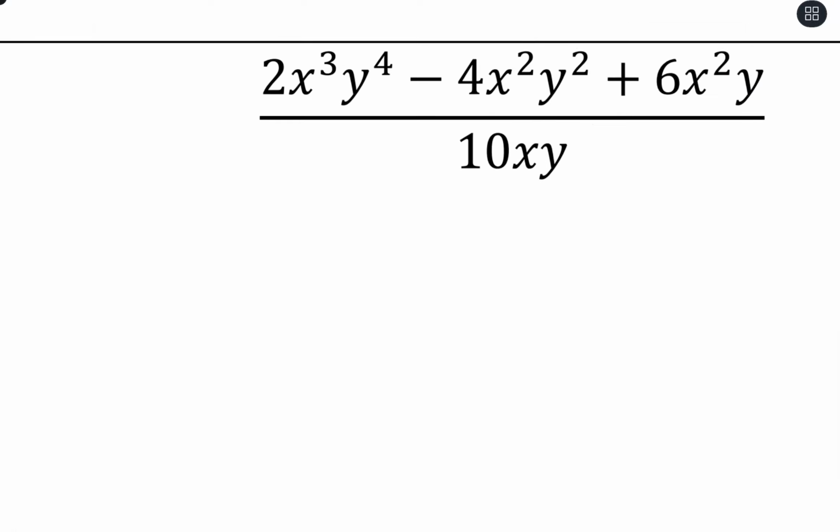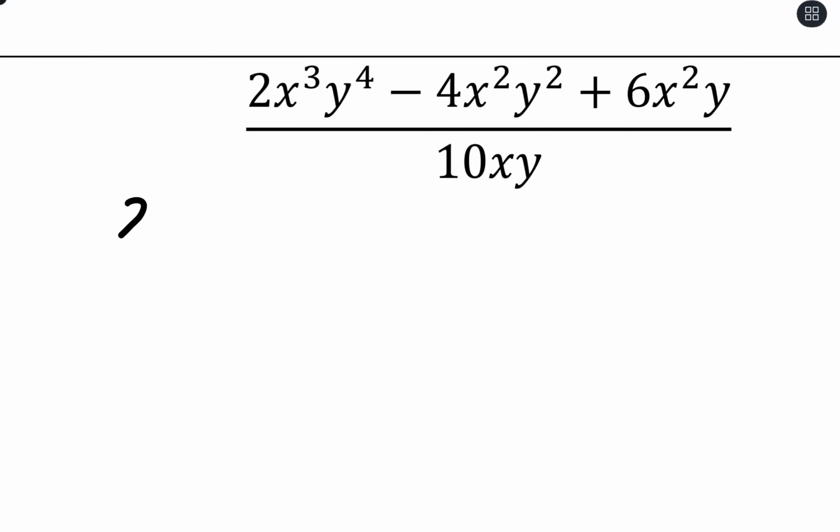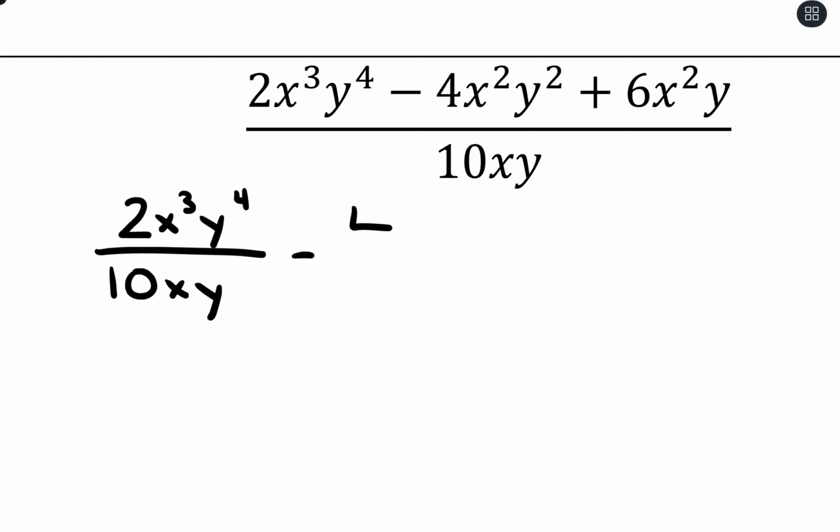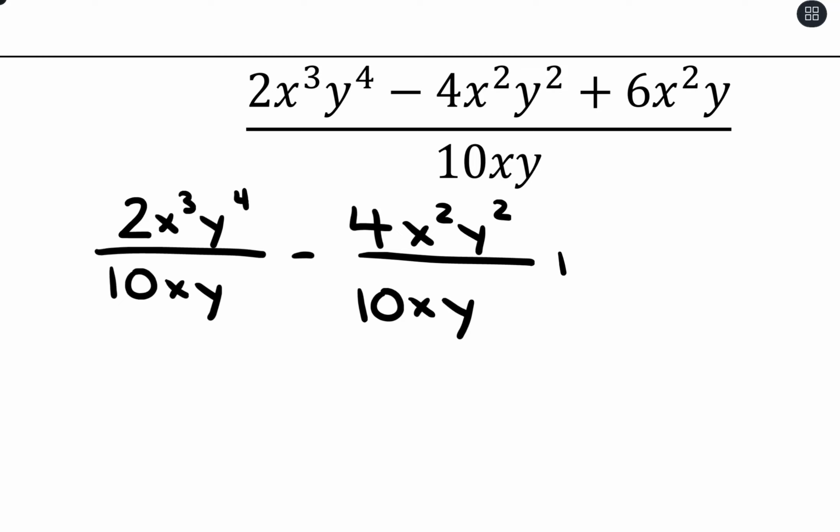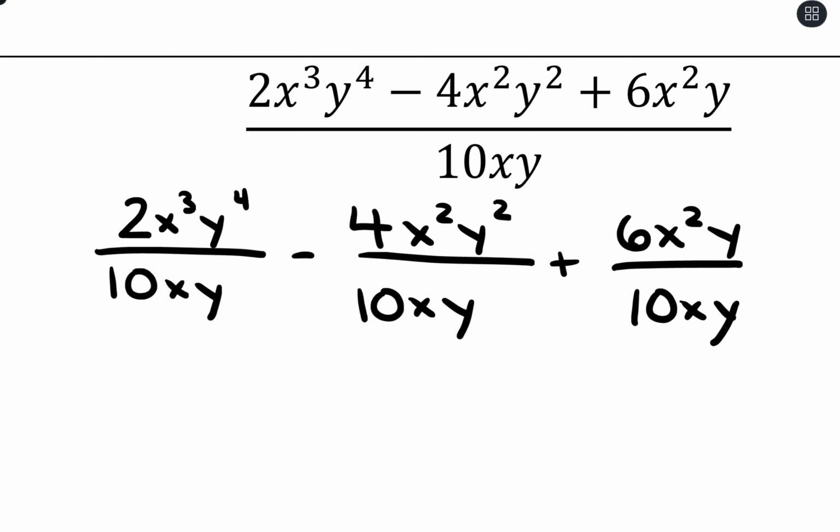Let's look at a more complicated scenario here. So 2x cubed y to the 4th over 10xy minus 4x squared y squared over 10xy plus 6x squared y over 10xy. Okay, 2 divided by 10 is going to be 1/5.